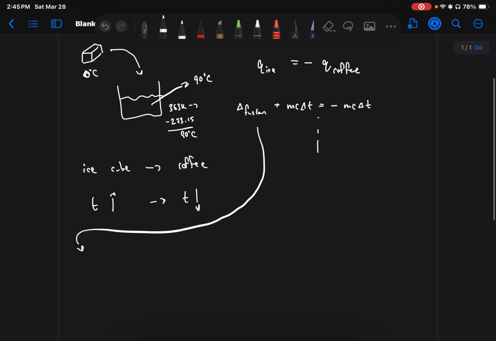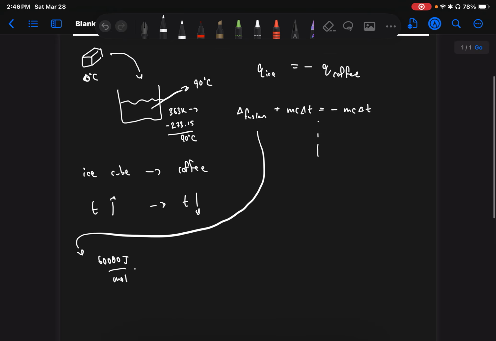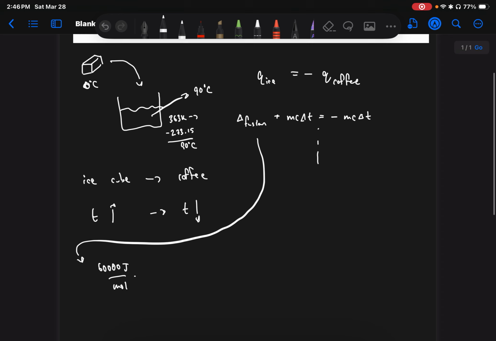Okay, so we need to find out the 9-gram ice cube. What's the molar mass of water? H2O, 2 times 1, 18. 18 grams per mole, yeah.